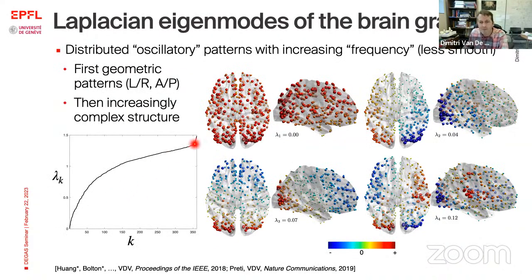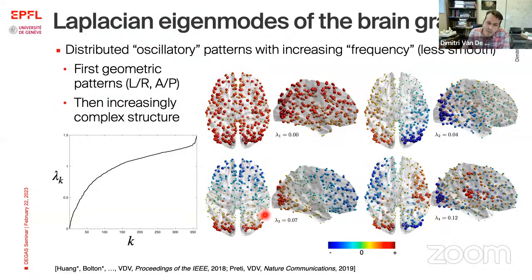Okay, so let's now get back to the specific application here, which is our brain graph. What you see here are the Laplacian eigenmodes for the structural connectome that I showed you before, as we derived it from diffusion-weighted MRI. And as you can see, we do find very nice eigenmodes in terms of spatial distribution. First of all, they basically encode the geometrical organization in the brain. After the constant, we get a left-right hemisphere eigenmode.